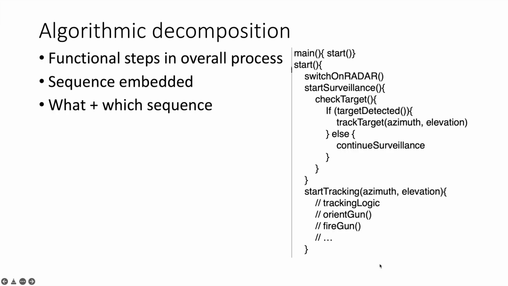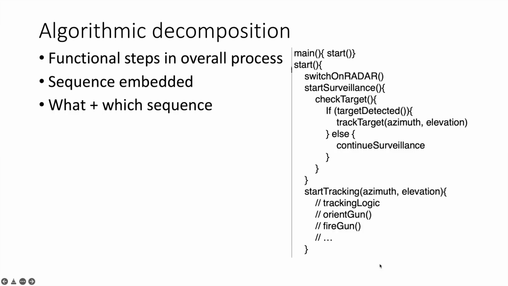Now global data has its own problems, which people who have worked in the procedural world will understand. Because global data is everyone's data, and everyone's data means no one's data. And global data being used by all such functionalities was really a major problem in the algorithmic world. In algorithmic decomposition, we consider the functional steps in the overall process.